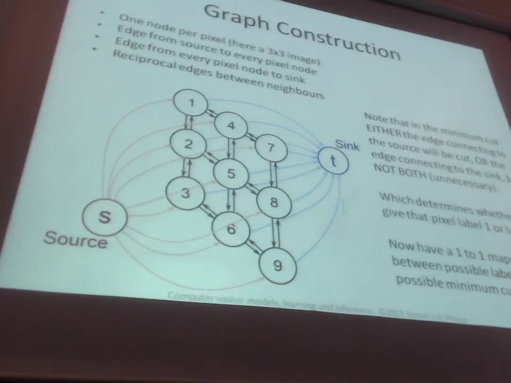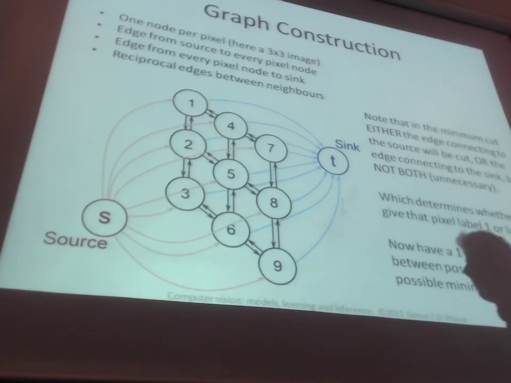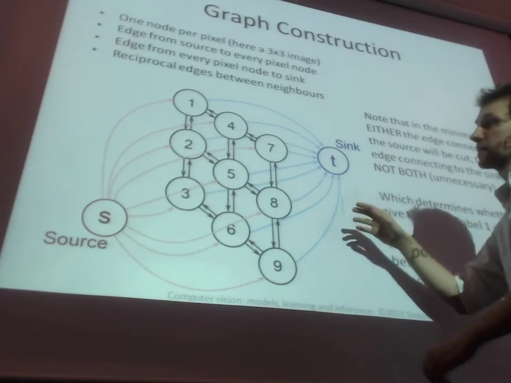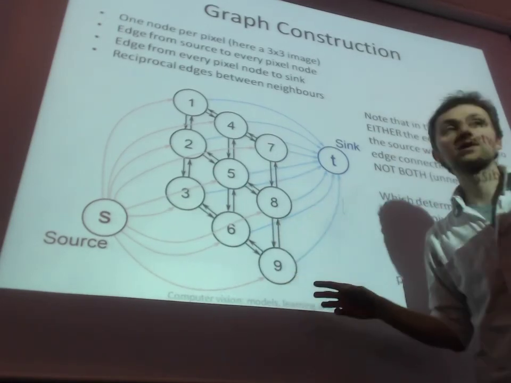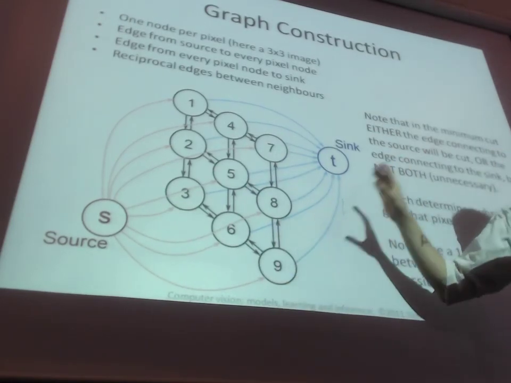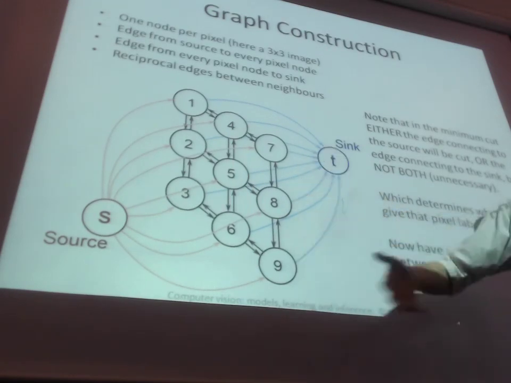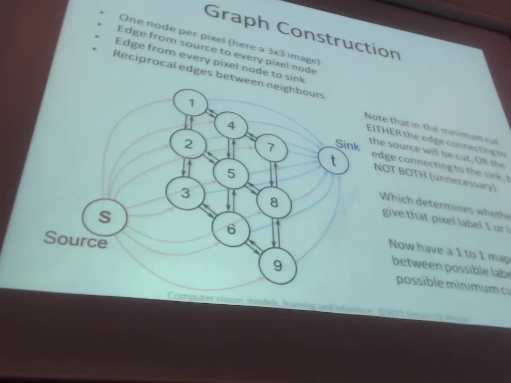We set up our binary MRF problem, Markov random field problem, as a graph with a source and a sink, and all of the pixels in between. So here we have a nice small image with 3 pixels by 3 pixels. Each one is going to be on or off. And we're going to be pumping flow into the source, trying to get it to the sink.